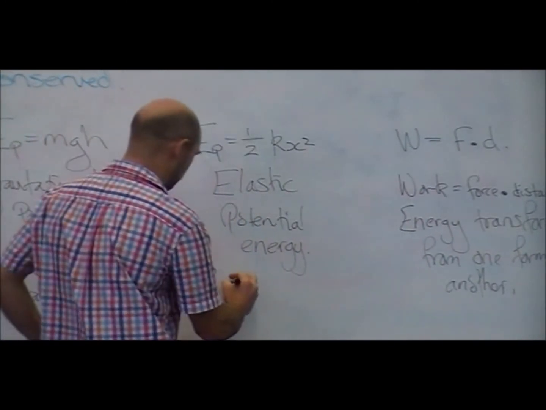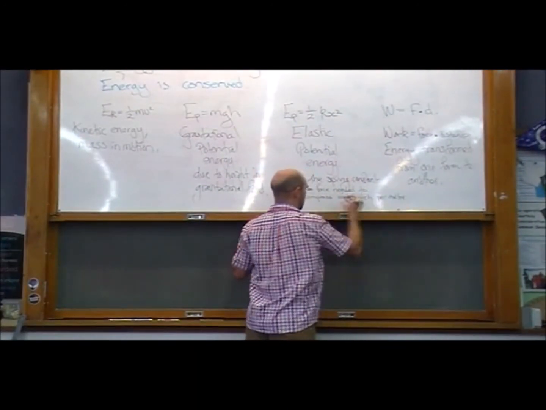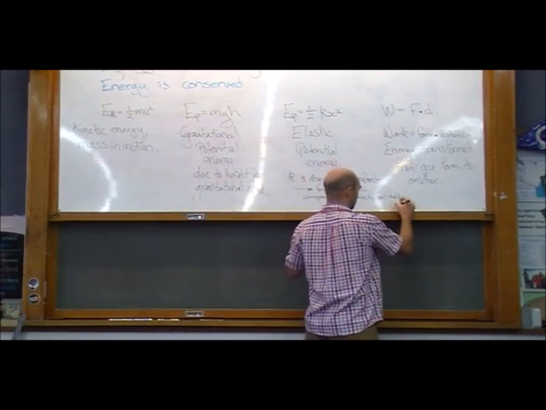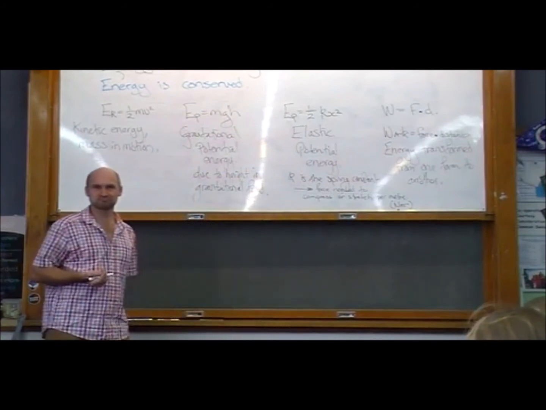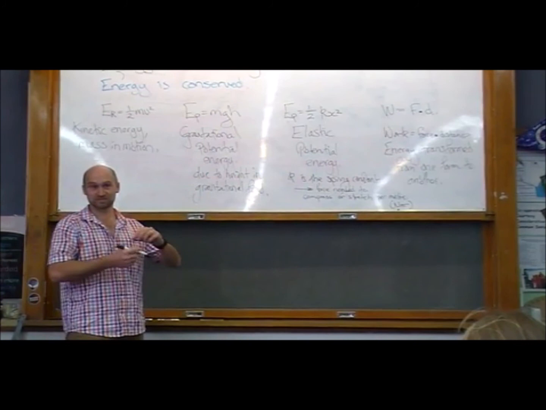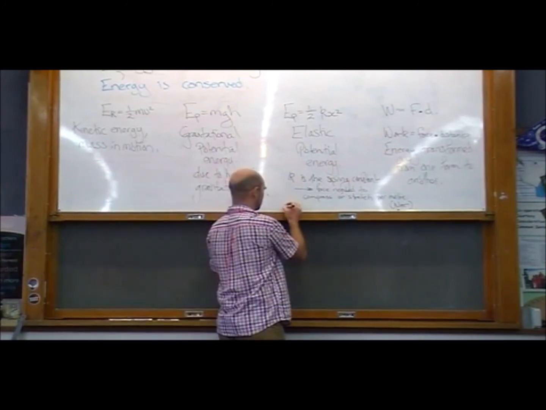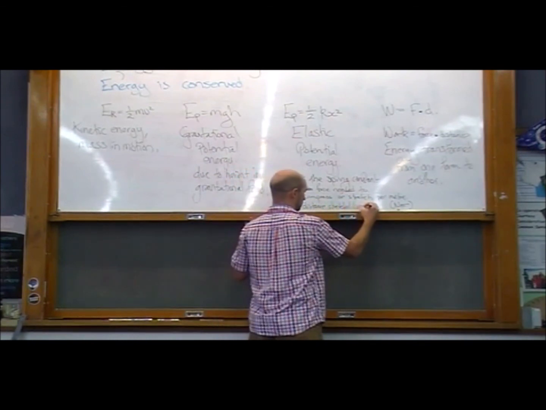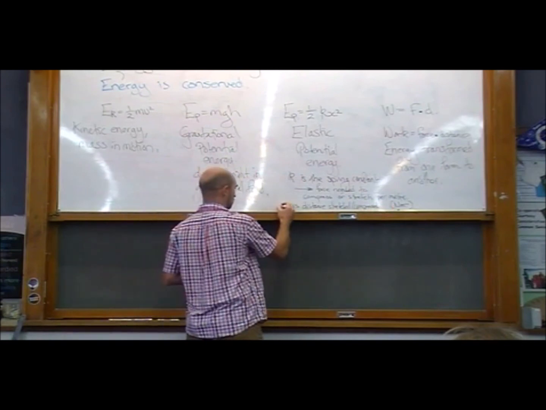So k is in newtons per metre. And the x then must be the distance stretched. When in doubt, say displacement. x is the distance stretched or compressed.